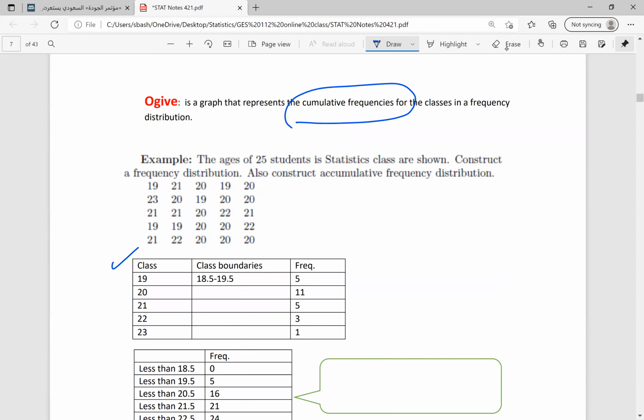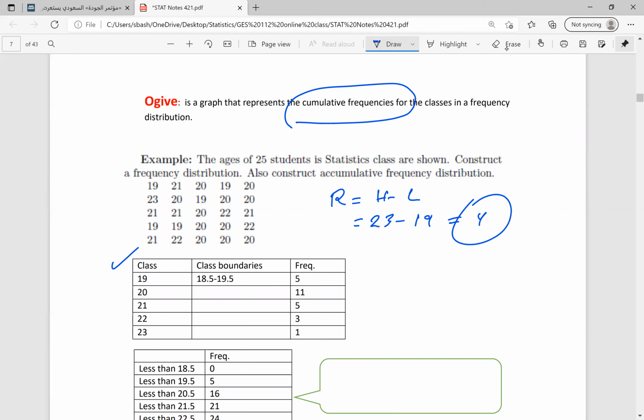For this data, as I mentioned before, the range is equal to the highest minus the lowest. Highest age is 23, minus the lowest, 19, is equal to 4. So you can see the range for the data is very small. It's only 4.